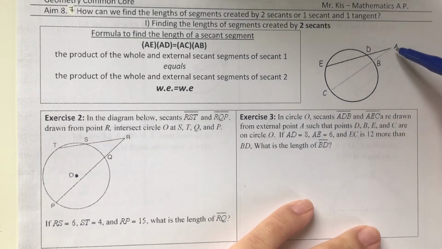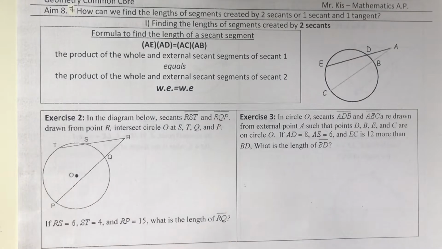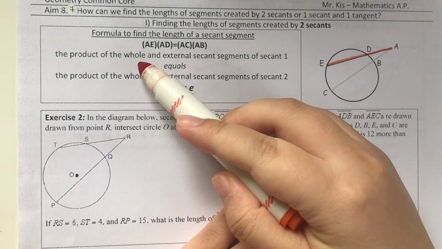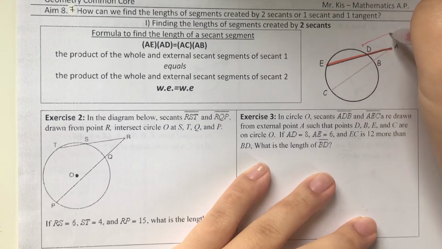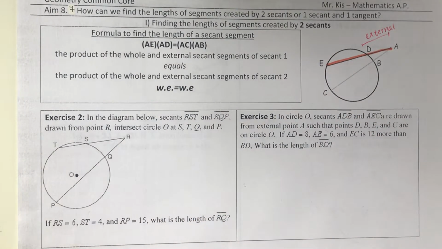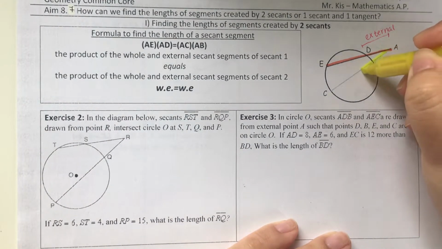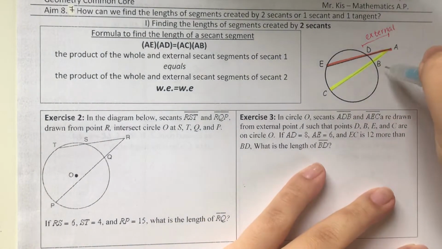So in order to find either parts of it or the entire thing, there's a formula. It says that AE, which is this entire thing, the whole thing, multiplied by AD, the external, of 1 secant is going to be equal to the entire thing, the whole thing, of the other secant multiplied by the external.